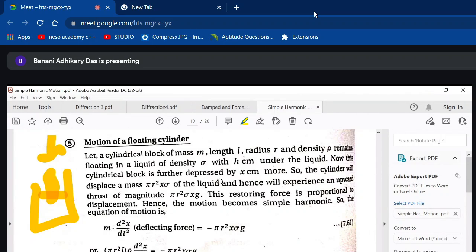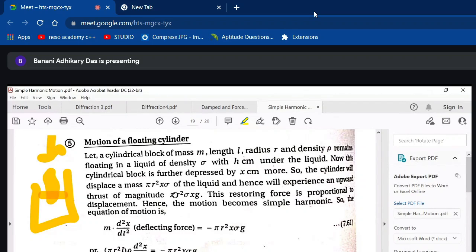So x into pi r square gives you the volume, into sigma, the density of the liquid, that gives you the mass of the liquid. Pi r square sigma x is the mass of the liquid, and into g gives you the weight of the liquid. This is the weight of the liquid that is being displaced.